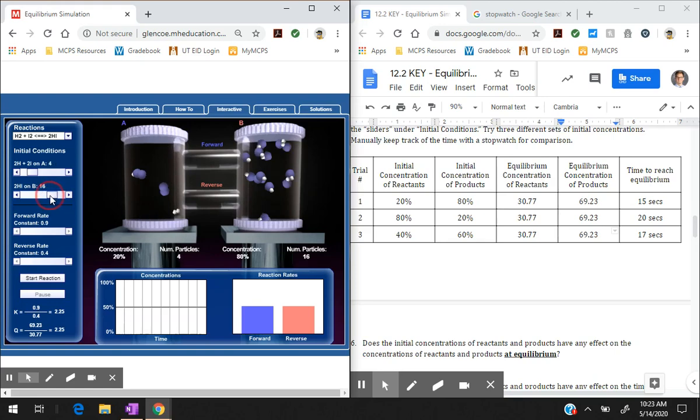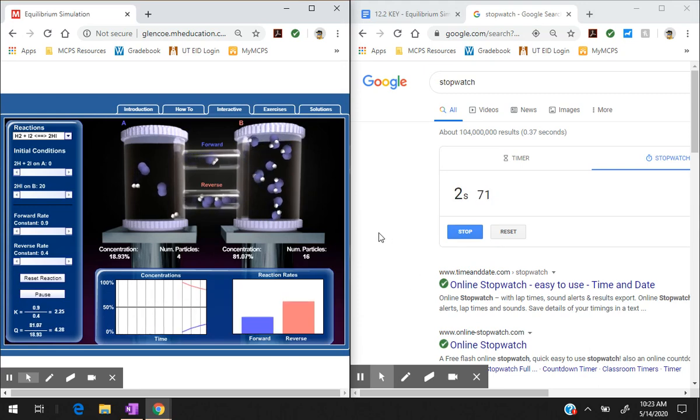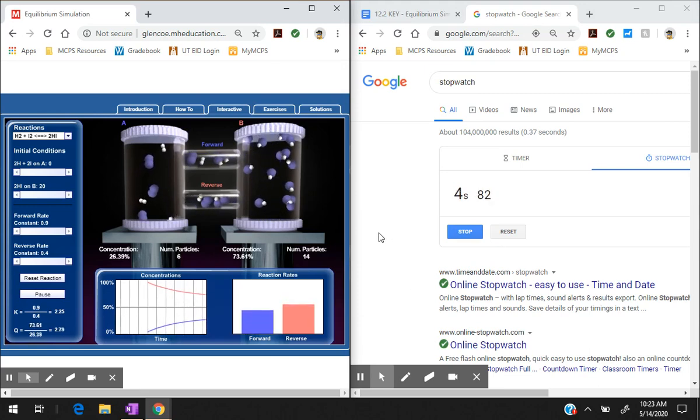For good measure, let me do one more. So what if we start with none of these, no reactants? Start, start. Again, there's about a 1 second delay.